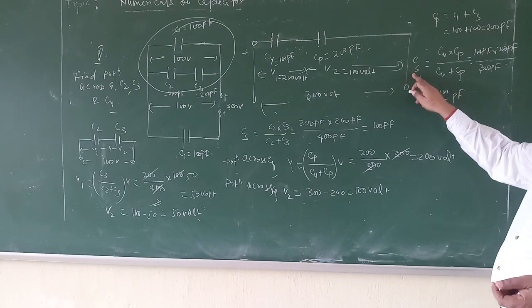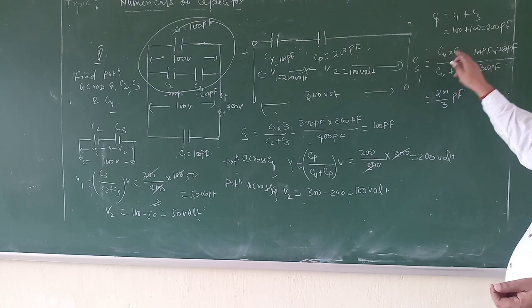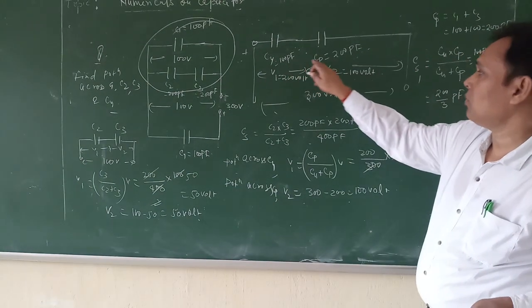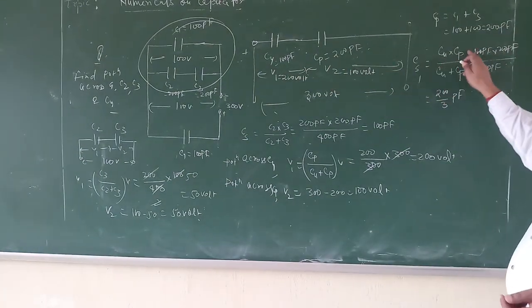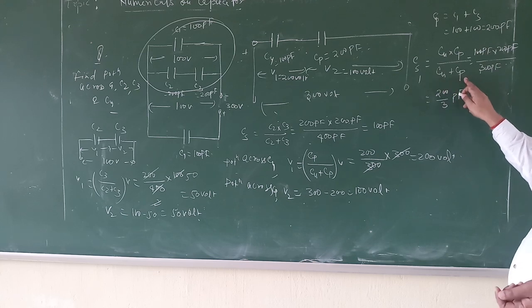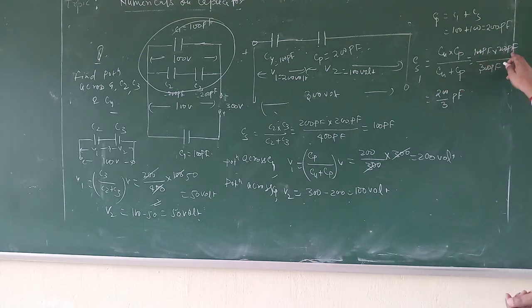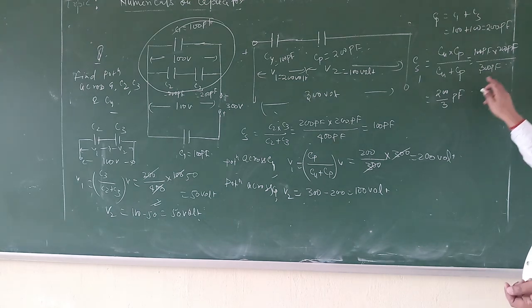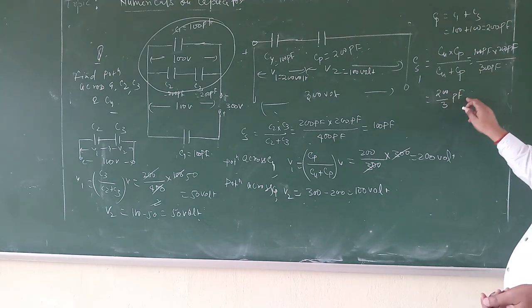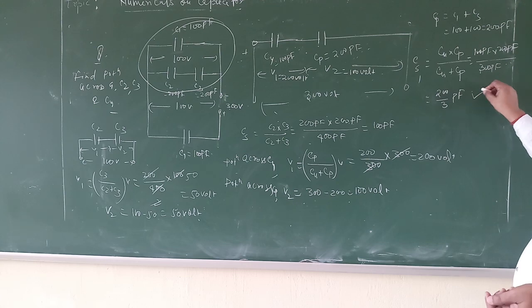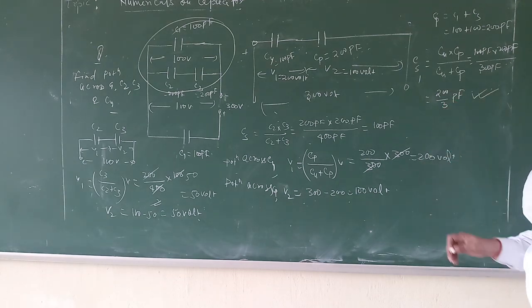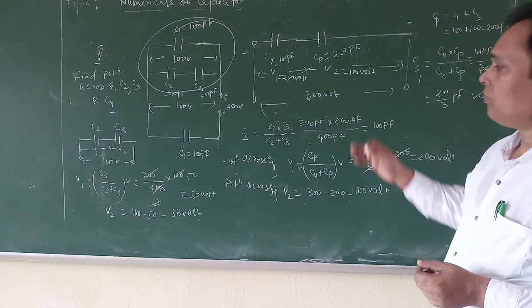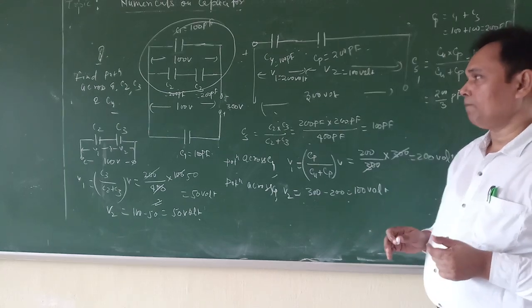Let the series grouping be CS1 equal to C4 into CP by C4 plus CP. So 100 into 200 divided by 100 plus 200, that is 300. So you are getting 200 by 3 picofarad. This is the equivalent capacitance of this grouping of capacitors.